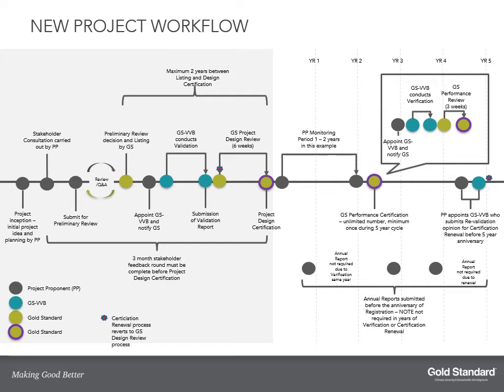The preliminary review decision by Gold Standard leads to listed status and allows the project to appoint a Gold Standard validation and verification body, or an auditor in old language, and they would conduct a validation exercise. That validation opinion is submitted to Gold Standard for project design review, which is a 6-week period, same as our existing approach, and that leads to project design certification if successful.